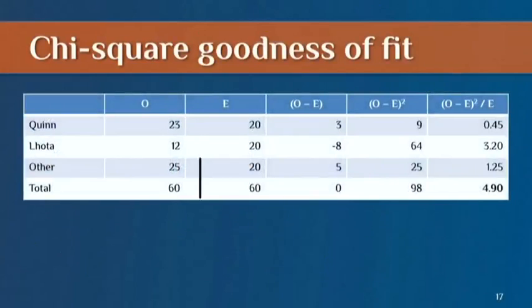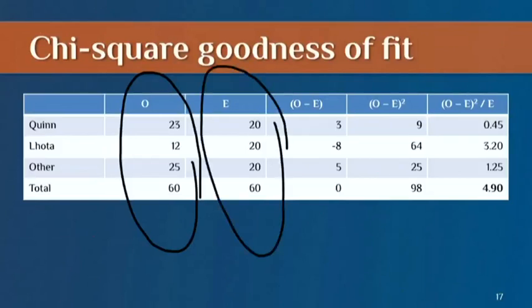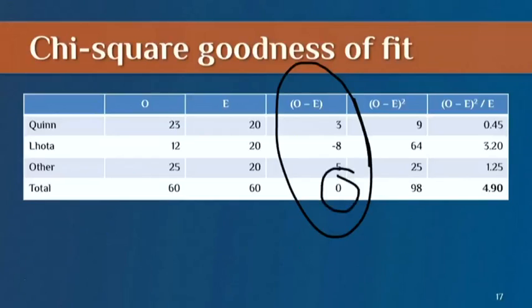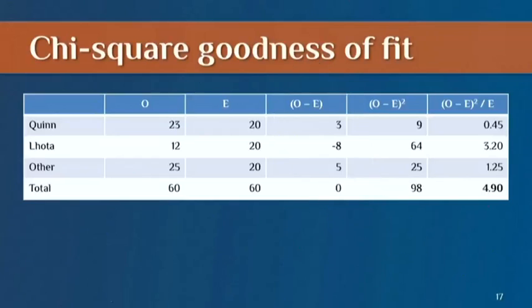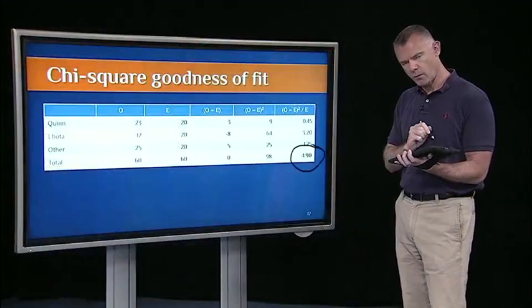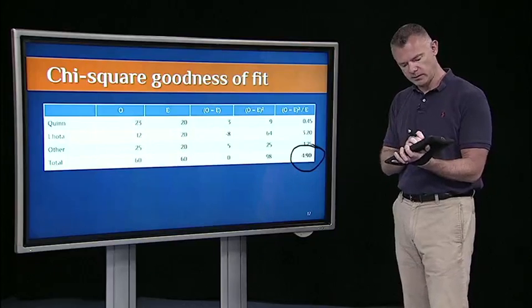We have the observed frequencies, and the expected, again just 20, 20, 20. In the third column, I did observed minus expected. I can check my math to make sure the sum of those is 0. I then square those, and if I sum those, it's the sum of the squares. I get 4.9. That's my chi-square.